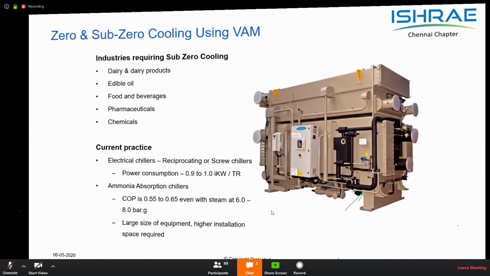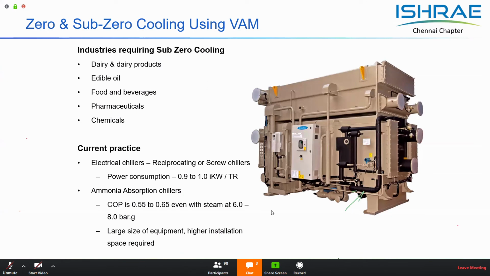To proceed further, as I mentioned, this technology is mostly thought of as a solution for temperatures above 5 degrees Celsius. But that is not the real case. This technology can be expanded on either side. On the heating side, we have just seen. Similarly, we can also extend it to the lower ranges, where you can generate sub-zero temperatures even using this kind of absorption.